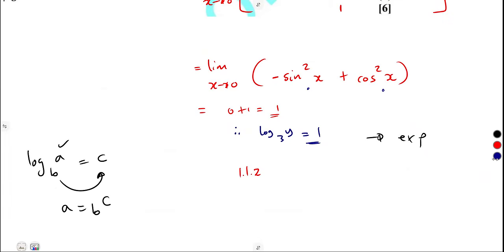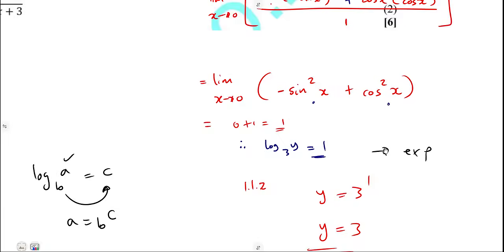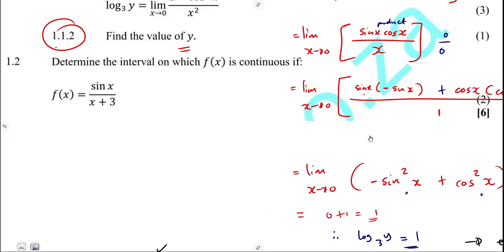So y in this case is equal to the base 3 to the exponent of 1. So y is simply equal to 3. That is what we're given, simply playing around with this information.